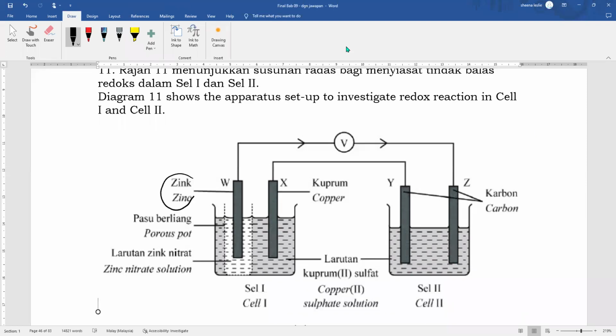Your zinc and copper, you must name both.